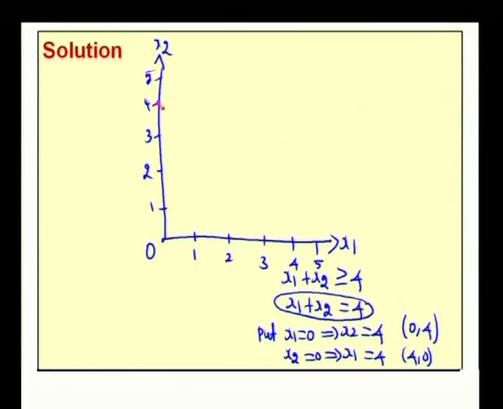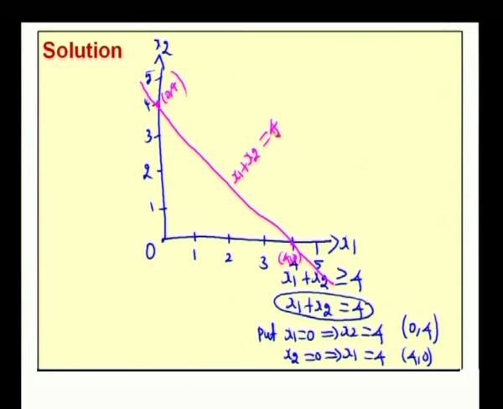Therefore, this is the point 0, 4 and this is the point 4, 0. By joining these two points, we get the line x1 plus x2 equal to 4.